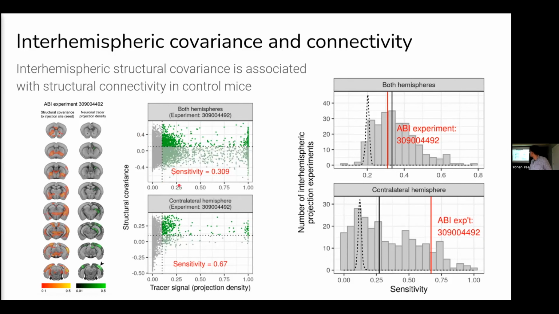We can do this for every single experiment, and you get a distribution of sensitivity values. The sensitivity value for the experiment I've shown on the left is given by the red bar, and the median for this distribution is given by the black bar. We did a permutation test again to make sure that this median was significant. The permuted distribution of medians is given by the dotted line. So the story here is that in interhemispheric structural connectivity, structural covariance is associated with that.